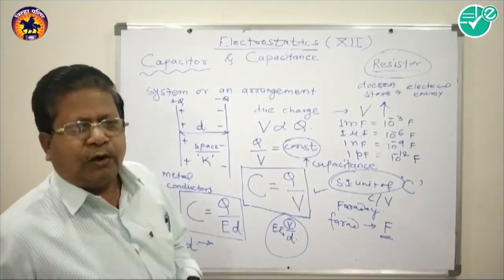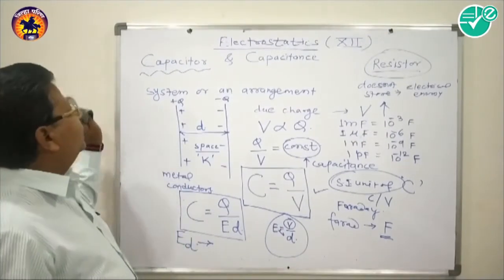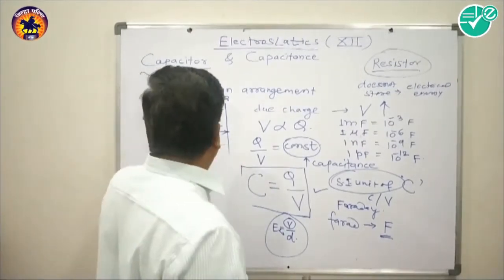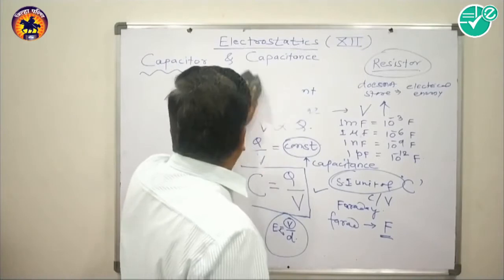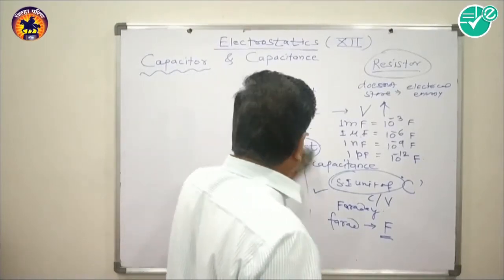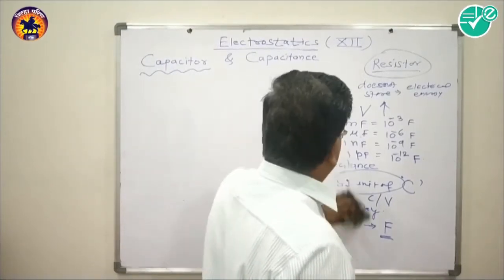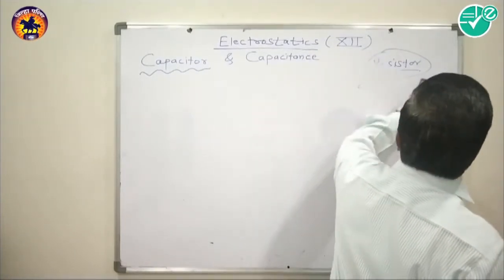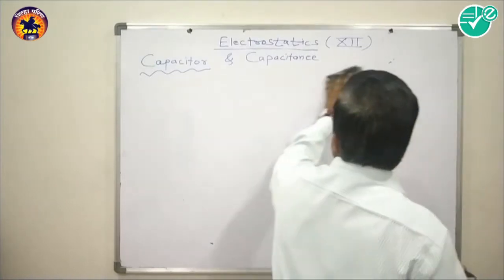Then on which factors does this capacitance of the capacitor depend? So, capacitance of the capacitor depends upon shape and size of the conductor.